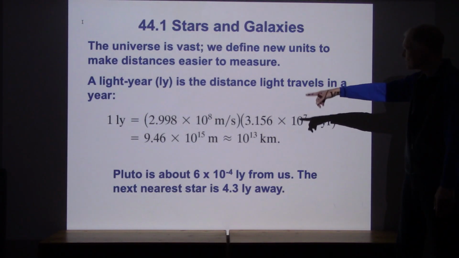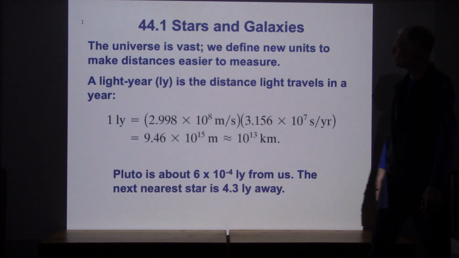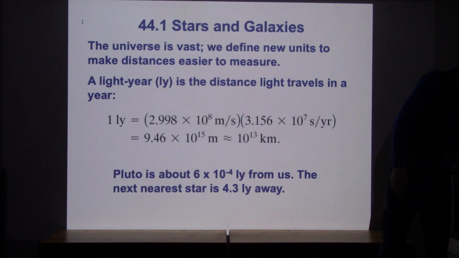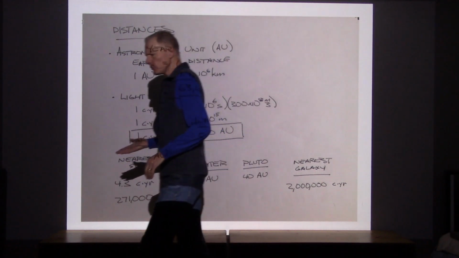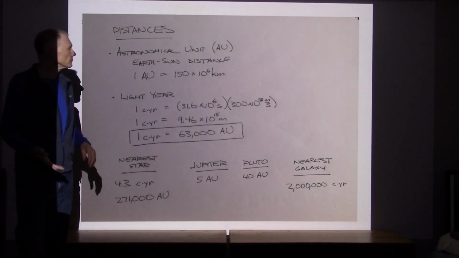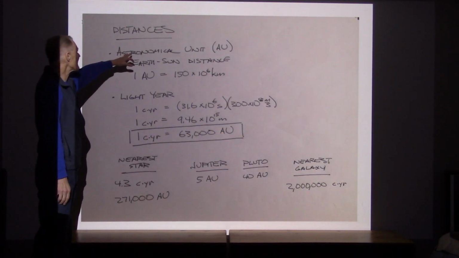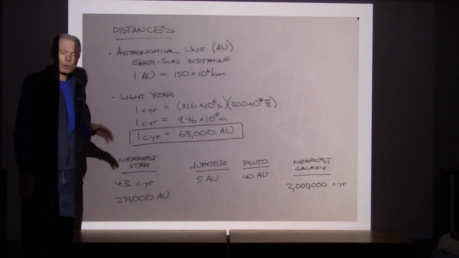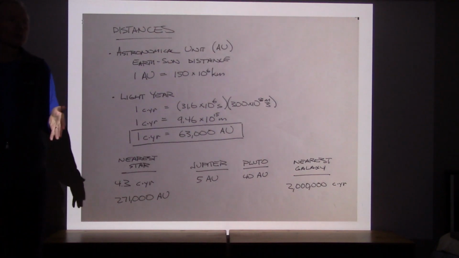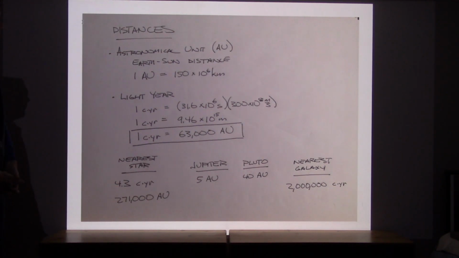We use the unit of light year, and we've seen that before. It's not such a new item for us. But there's another unit that we also make use of, and it's referred to as the astronomical unit. It's the distance between the Earth and the Sun. We call these AUs, and 1 AU is 150 million kilometers, or 150 billion meters.